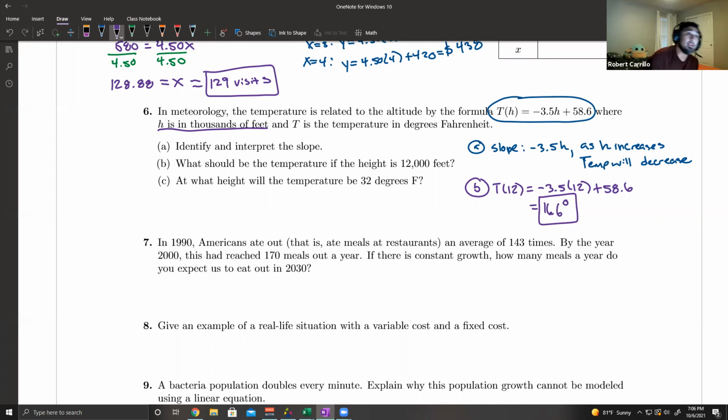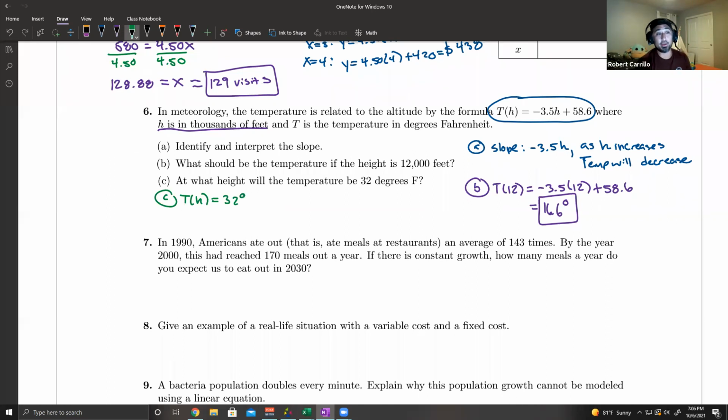And then C says, at what height will the temperature be 32 degrees? So now they're giving us temperature and we have to solve for the height. So in C, they're giving us the temperature, T of H is equal to 32 degrees.